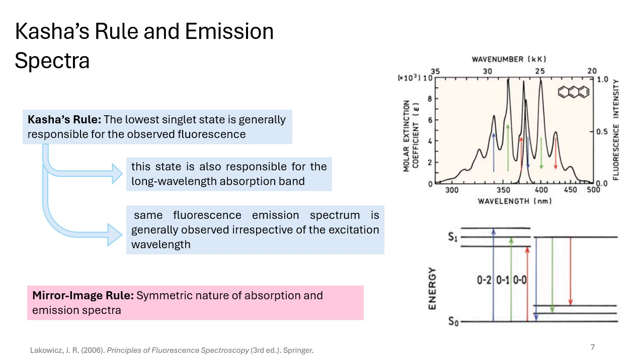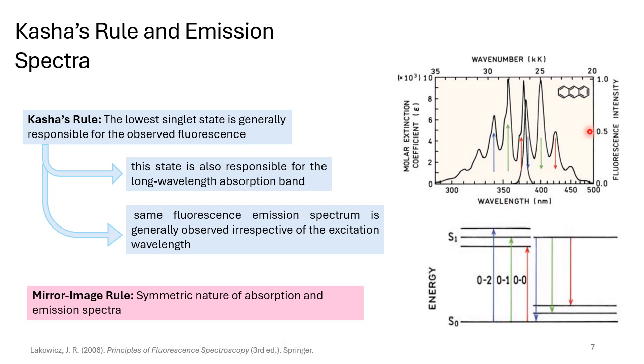Now this symmetric nature of absorption and emission spectra is known as the mirror image rule. The generally symmetrical nature of these spectra is a result of the same transitions being involved in both the absorption and emission.